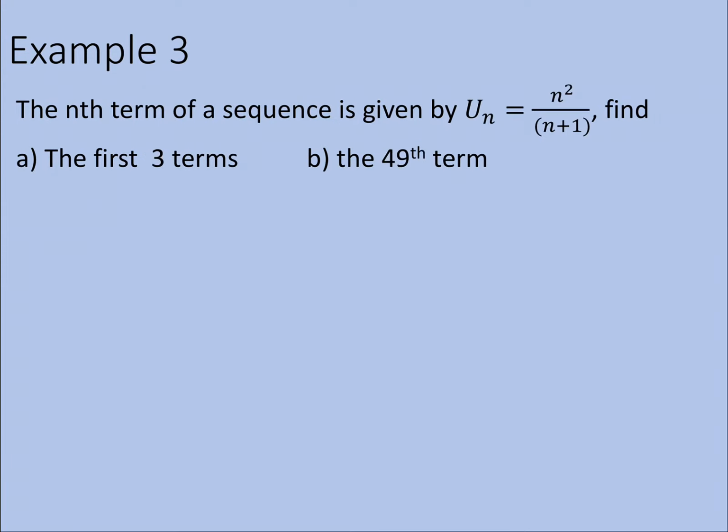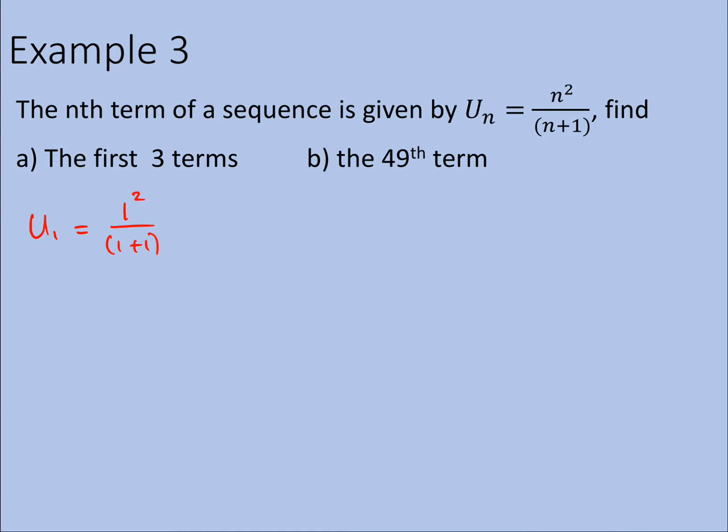Okay, let's move on. So similar here, but just the formula is a bit more complicated. We want to find the first three terms of this sequence, which is defined by un equals n squared over n plus 1, and then the 49th term. So u1 will be given by 1 squared over 1 plus 1.